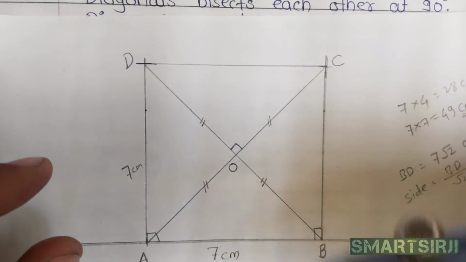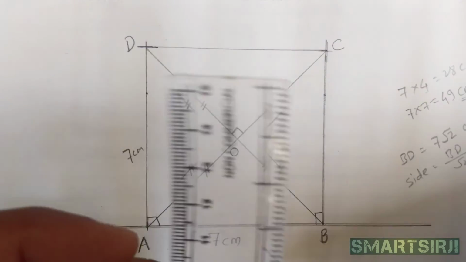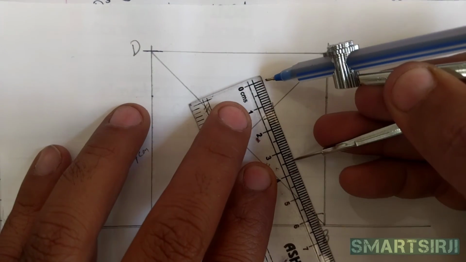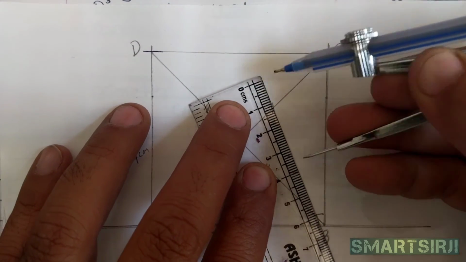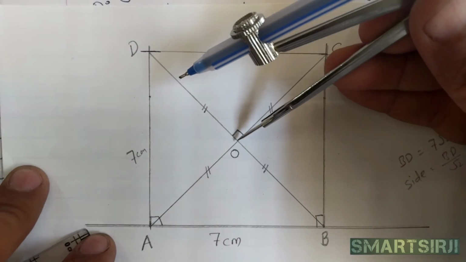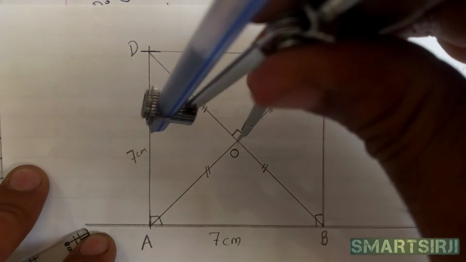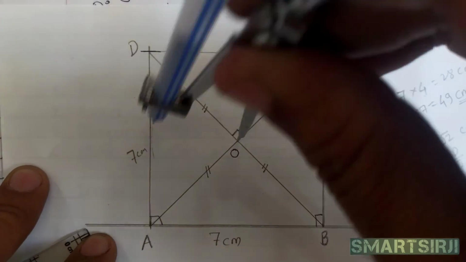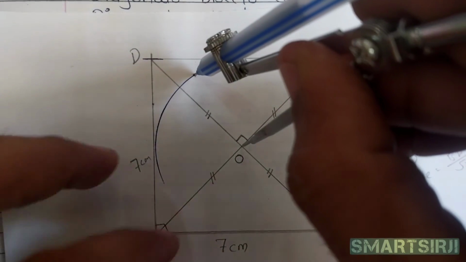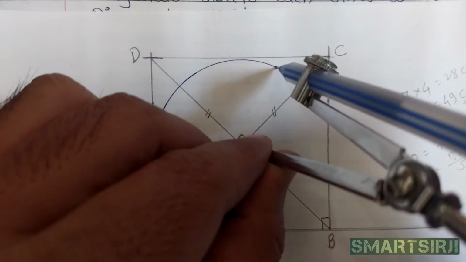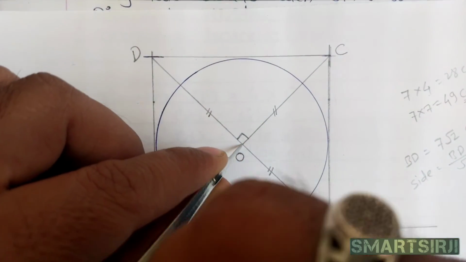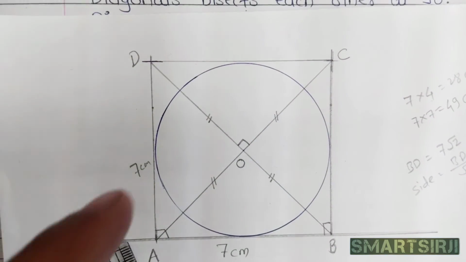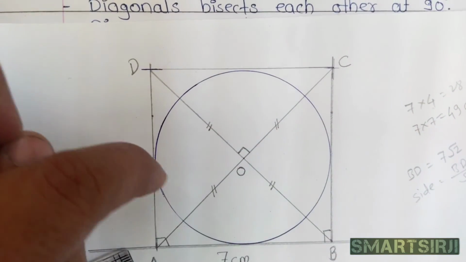So if I take the radius 3.5 centimeter, this distance is 3.5 centimeter, and if we put the center at O and draw a circle, it will touch all sides internally. So this is the incircle, which passes through all sides.